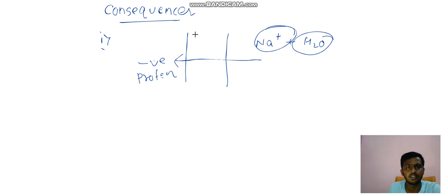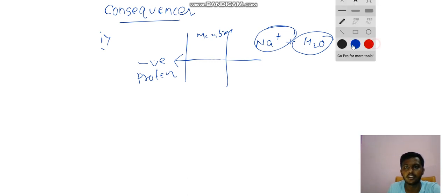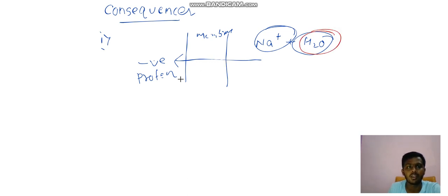So this is the membrane. With sodium, water molecules also come inside. So water molecules attached with the sodium will come, and what will happen?